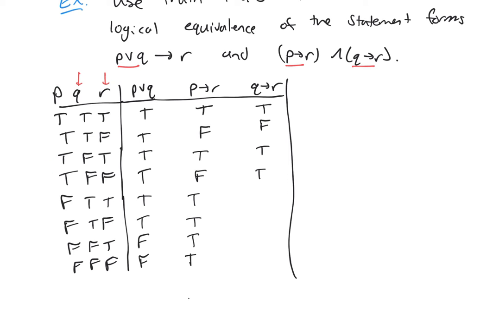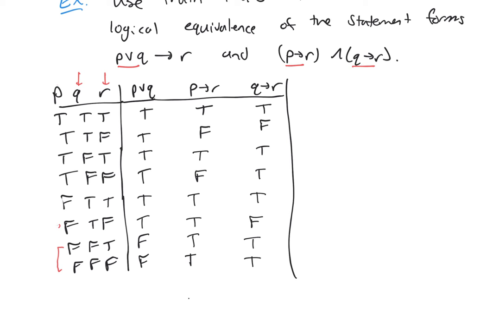And then the next row, they're both true. The row after that, you have a true and a false, which means you get a false. And then these last 2 rows, your hypothesis is false, which makes it automatically true.